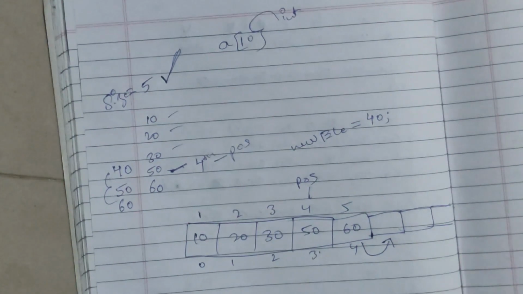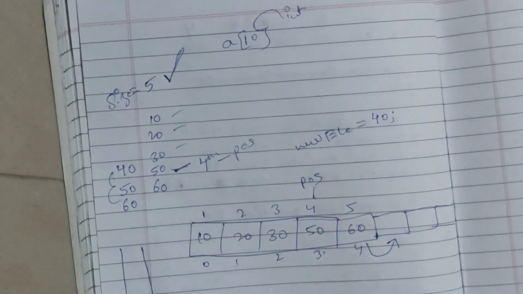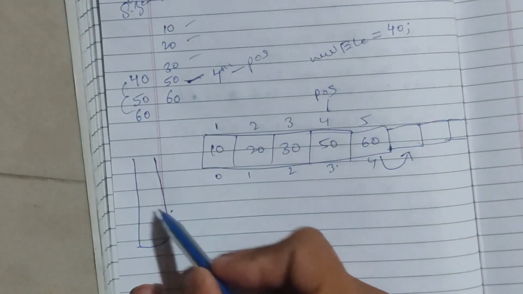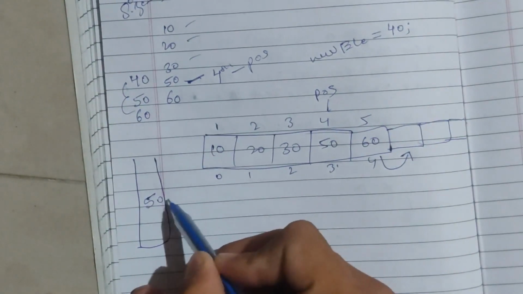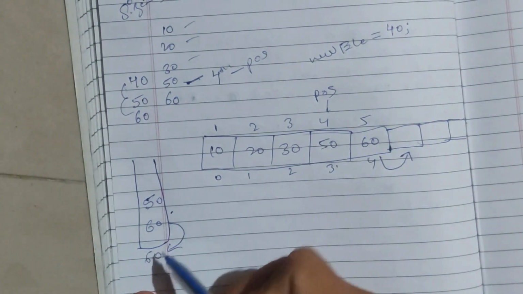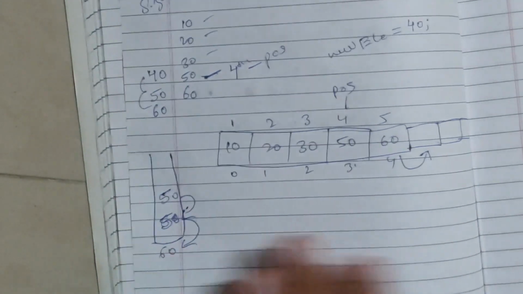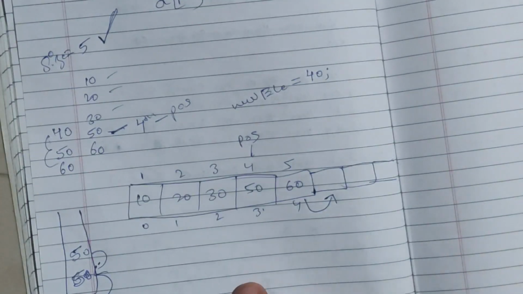If you are considering a linear array, then the value will be shifted to the below. If here is 50 and here is 60, then 60 will be transferred here and 50 will be assigned here. Likewise I'm taking this horizontal array.